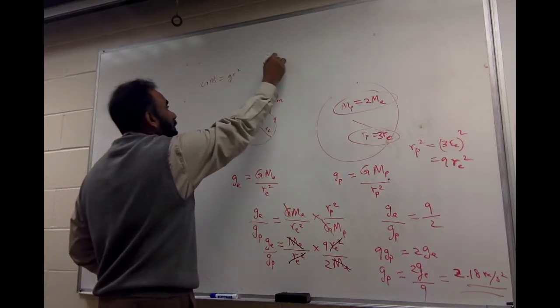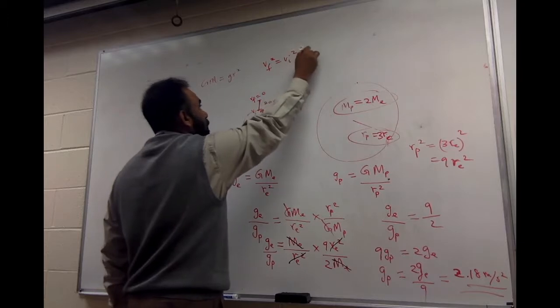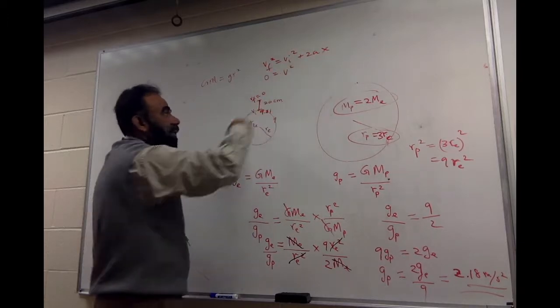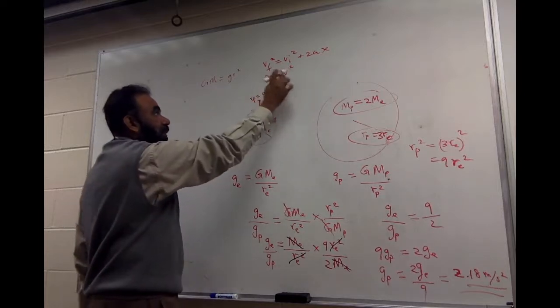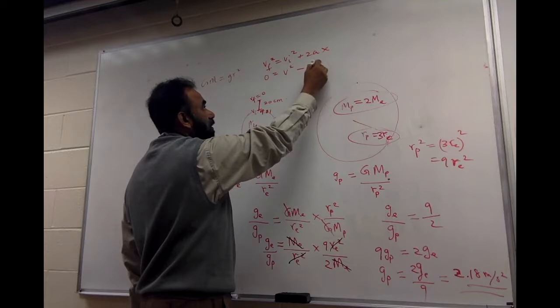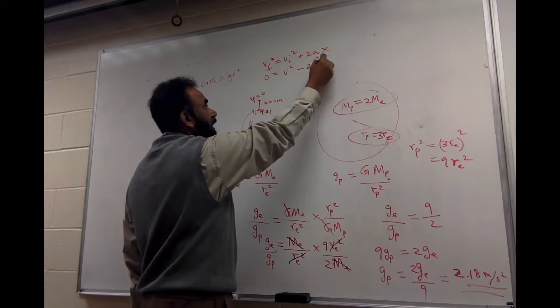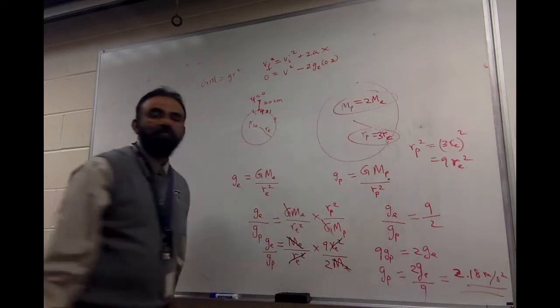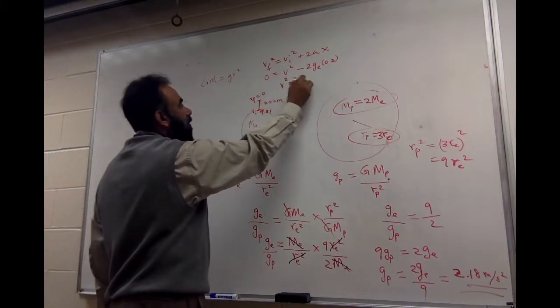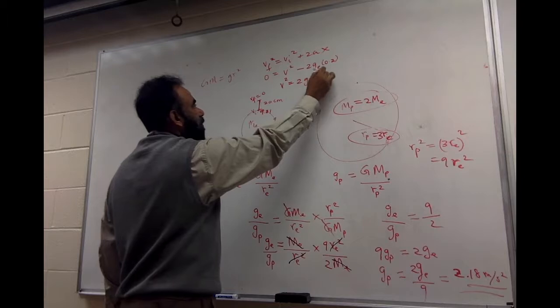Vf squared equals Vi squared plus 2Ax. So 0 equals V squared, whatever effort you're able to put in, minus 2 times g on Earth times x, which is 0.2. So what you see from here is V squared equals 2 times g_E times 0.2. Is that clear?